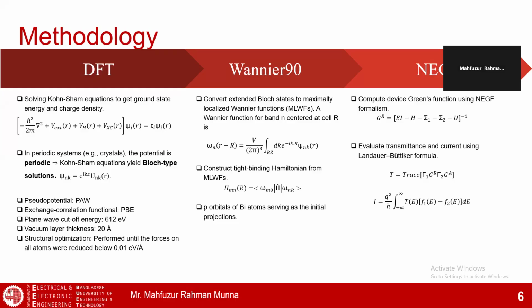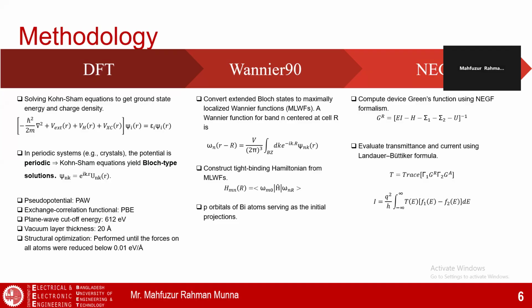In DFT, basically a quantum equation is solved, which is this Schrodinger-like equation. And here this external potential corresponds to the ionic potential, and then we have the classical electrostatic repulsion potential, which is called the Hartree potential, and then all the non-classical electrostatic interaction is modeled by using this exchange correlation functional.